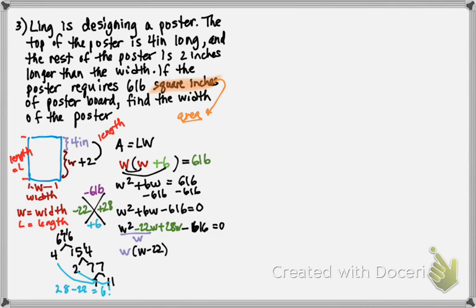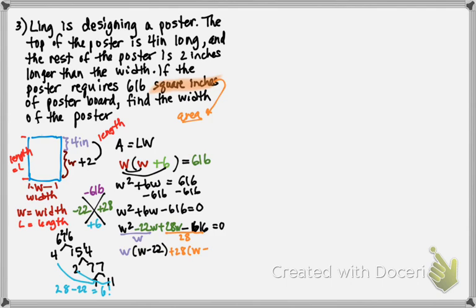And then the second, let's see. I know 616 has a 7 and a 2 in it, that's 14. I know 14 can go into both of those. I think actually 28 can go all the way into that guy. Yeah, it does. So I'm going to add 28, and that's going to get me W minus.